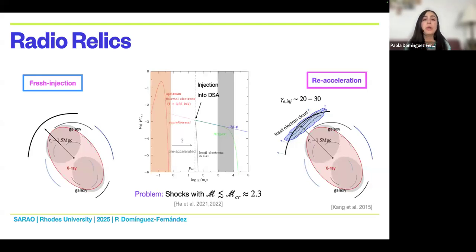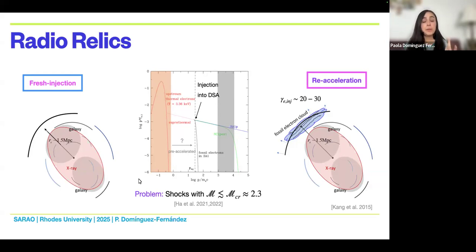And then we are thinking about the possibility for this thermal population of electrons to be injected into the DSA mechanism. Here, I want to remind you that it's not always so easy for a thermal population of electrons to be injected into this DSA mechanism, because there is an injection energy required for the electrons to enter into this DSA mechanism.